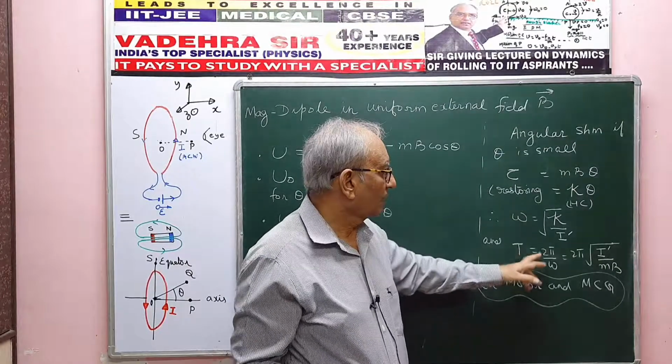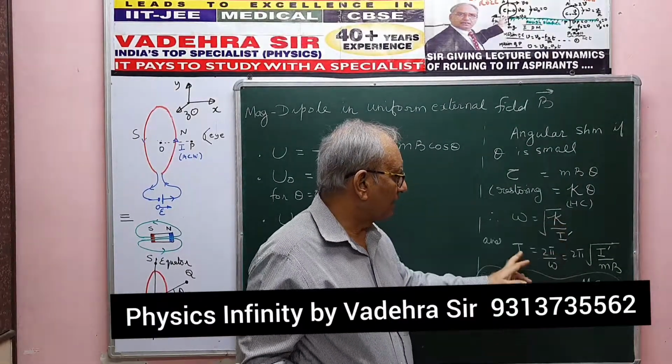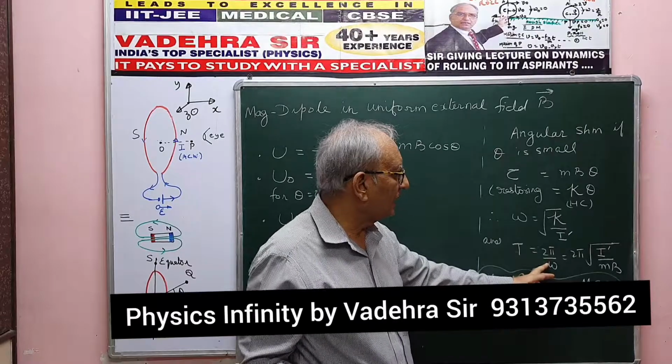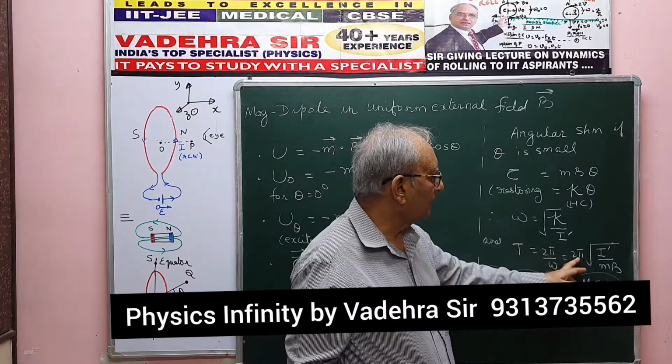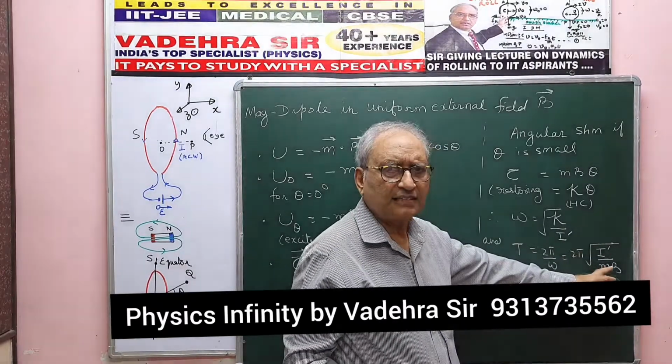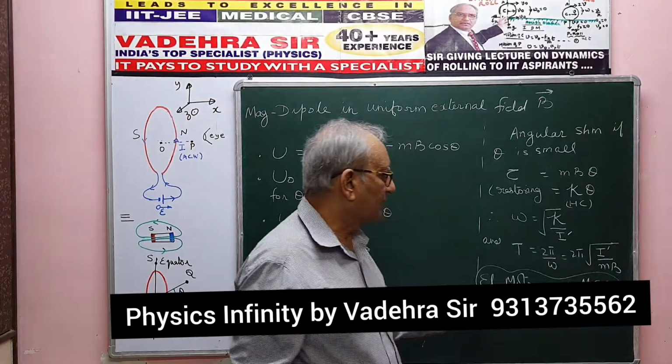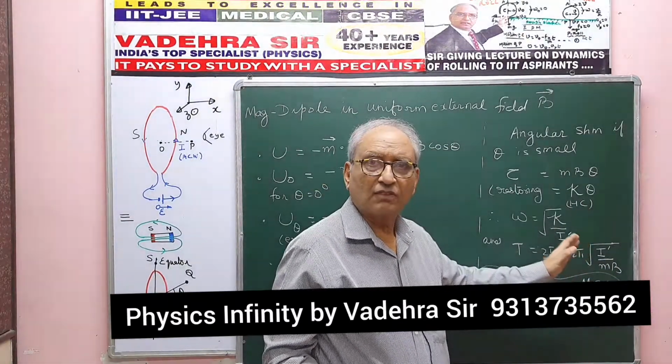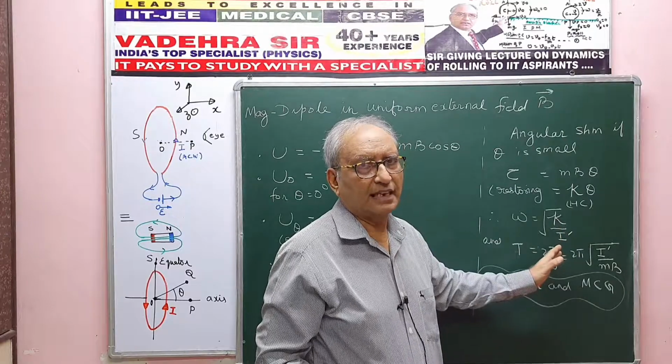The time period will be 2 pi by omega. So it is 2 pi root of I dash upon K dash, and K dash is MB. So I get the expression for angular frequency and time period.